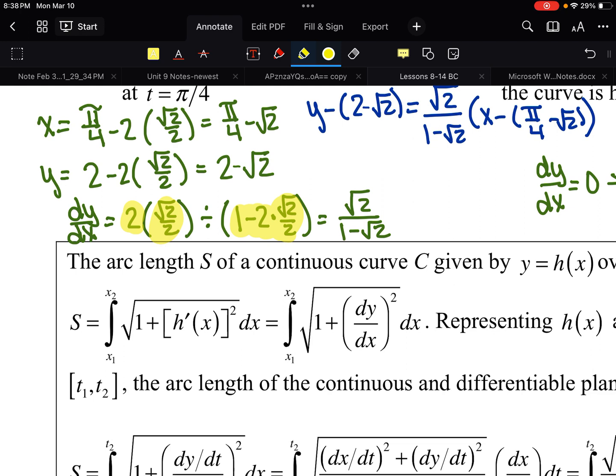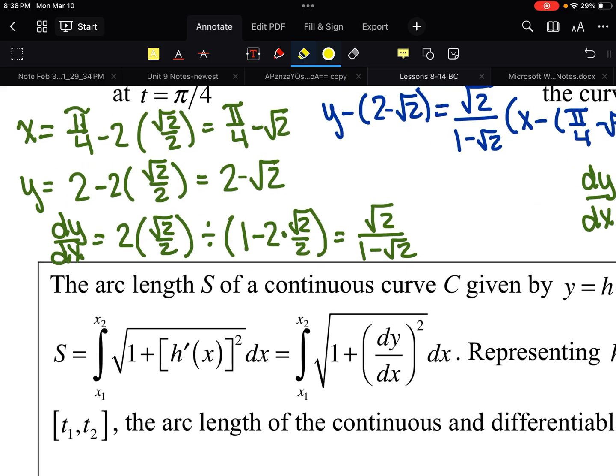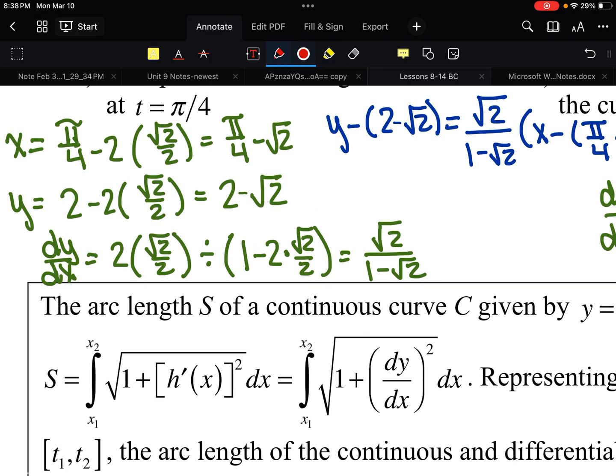So algebra. The 2's here would cancel out, so that's root 2 divided by 1 minus root 2. And so I just left it square root of 2 divided by 1 minus root 2.